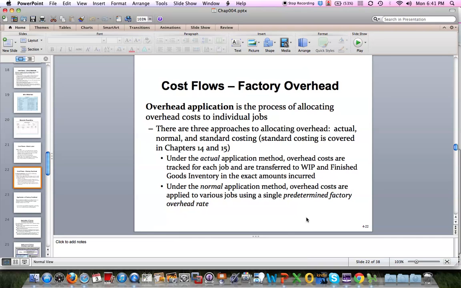Predetermined, in other words, before the accounting period started, before this next fiscal year started, we got out our binoculars and we looked in the future and we decided, or we're estimating that total overhead will be a certain amount, and then we're going to come up with some kind of an allocation driver, direct labor hours, direct labor cost, machine hours, whatever it was, and we're going to take total overhead divided by some kind of an application rate and get this predetermined factory overhead rate. Predetermined, in other words, I'm saying this is what the rate's going to be for the whole year.